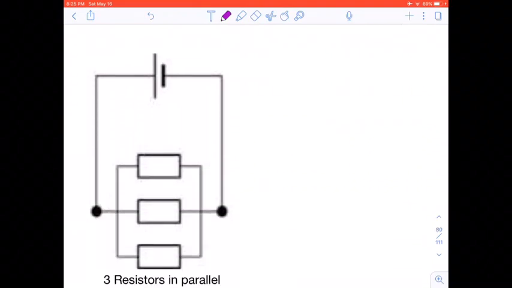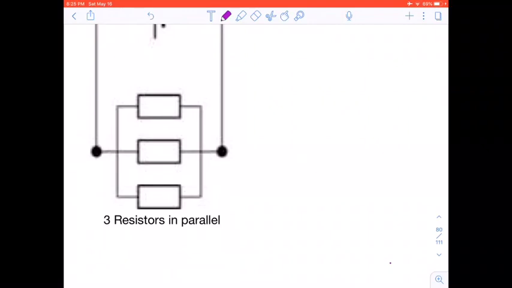Now we still have a 12 volt battery here, but this time you've got three resistors in parallel: R1, R2, R3, and each one is 2 ohms.